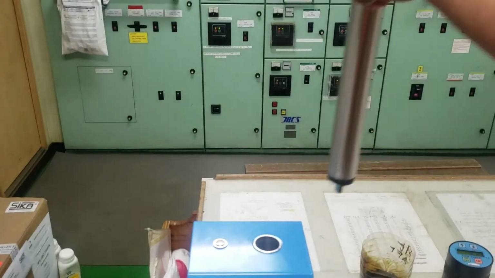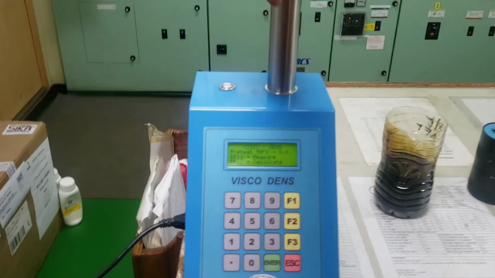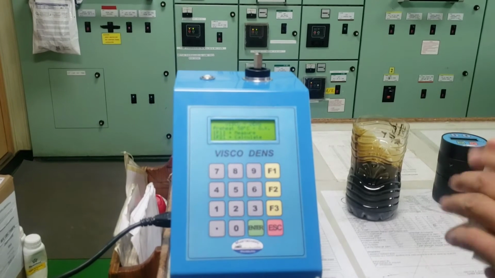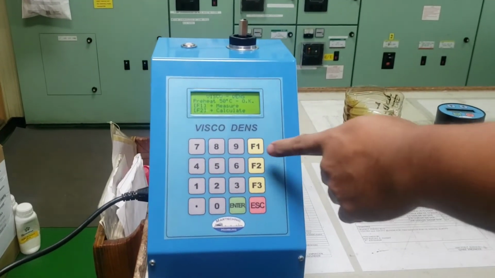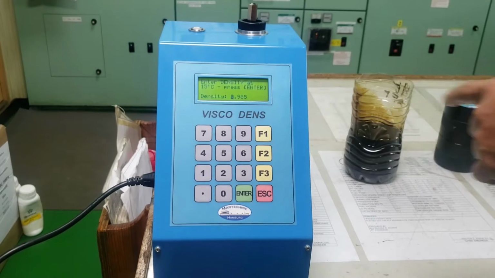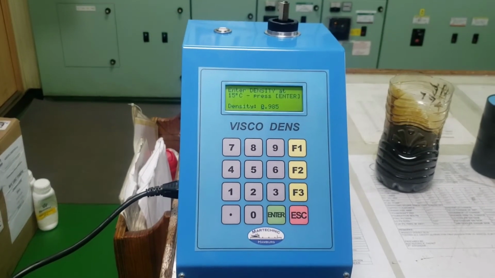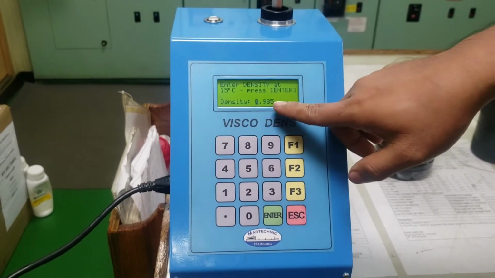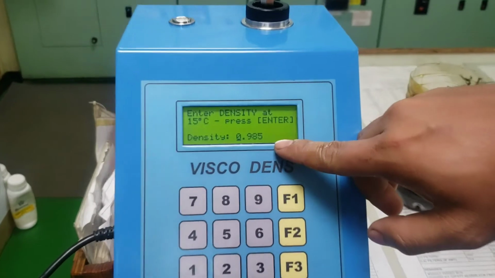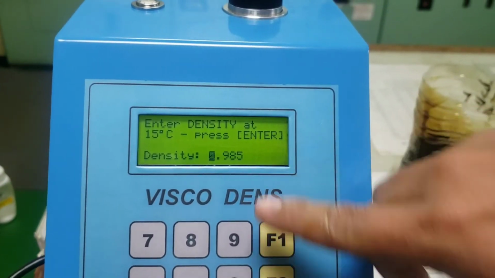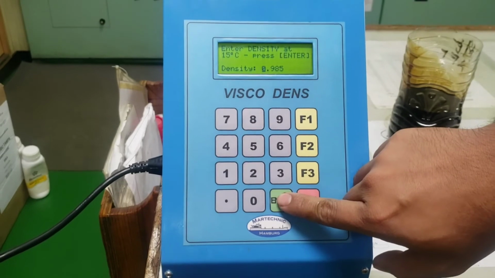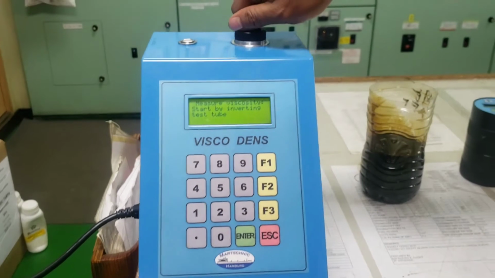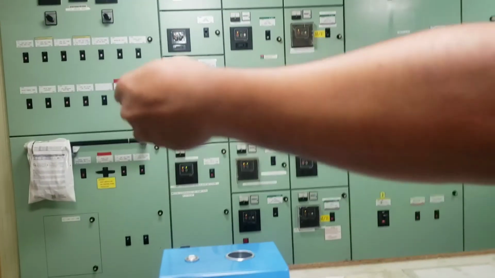Put this cylinder tube into the hole. Now to begin with, we're going to press F1 for the measurement. The density of our lube oil is 0.985. So we're going to press enter. Then, to start, we will revert this tube down.